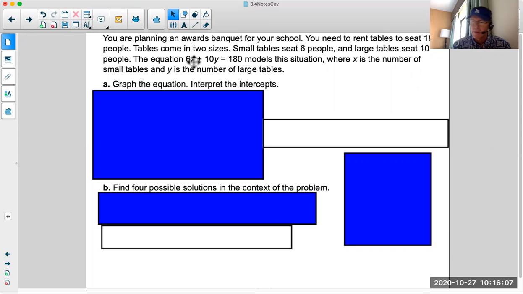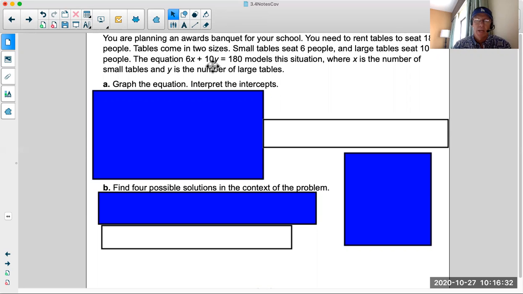So for example, if there were 10 small tables, 6 times 10 would mean there were 60 people sitting in small tables. 10 is the number of people that sit at the large tables, and y is the number. So if there were 12 large tables, then there'd be 10 times 12 people sitting at large tables, or 120, okay?